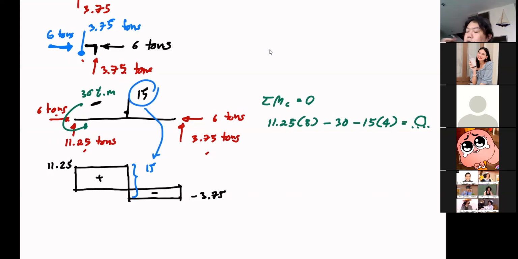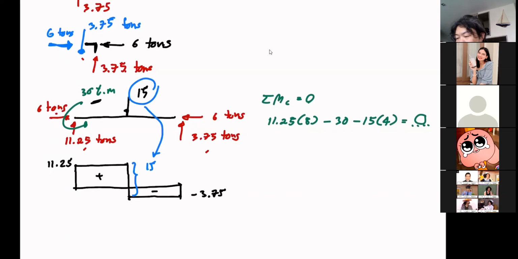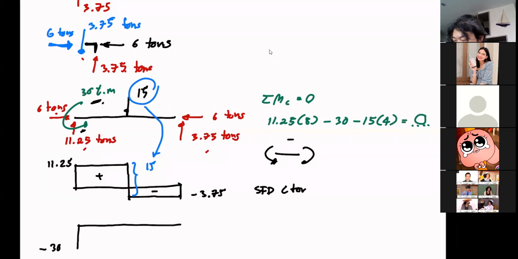Okay, now move on to bending moment diagram. Now remember that we have 30 ton meter, but if you look at the sign convention that you use, this is negative, right? And this left moment, the green one, is this one. So we begin with negative value. So this here is minus 30. Okay, for that shear force diagram in tons.